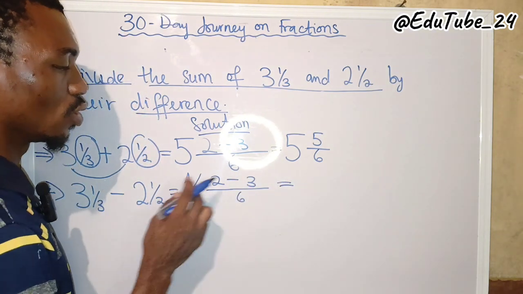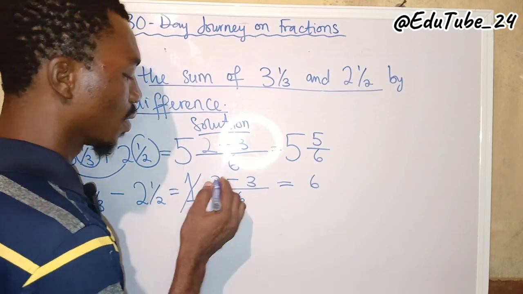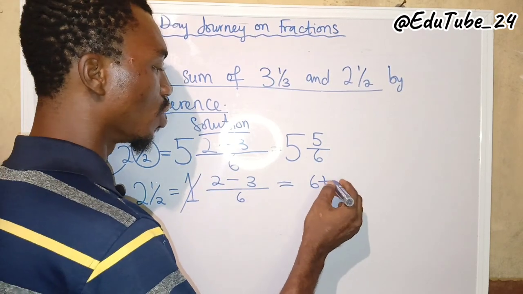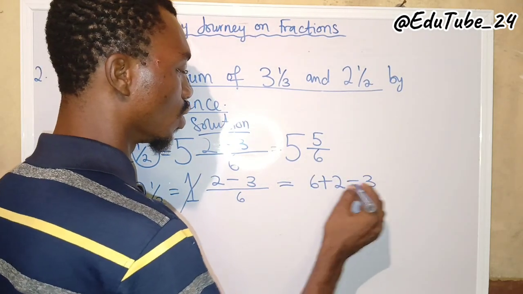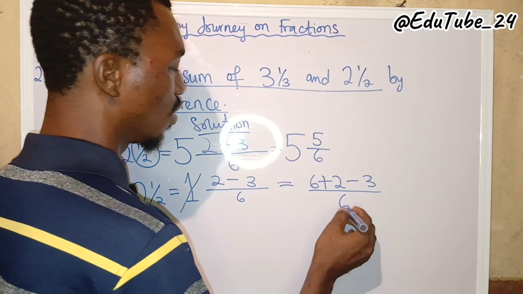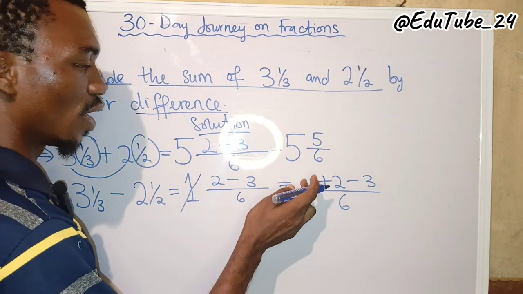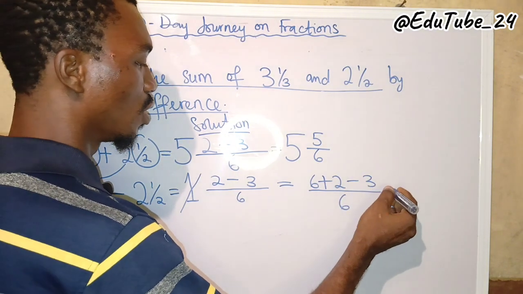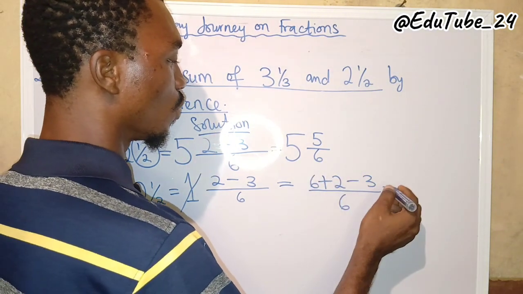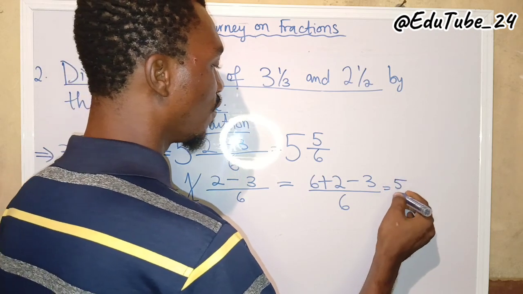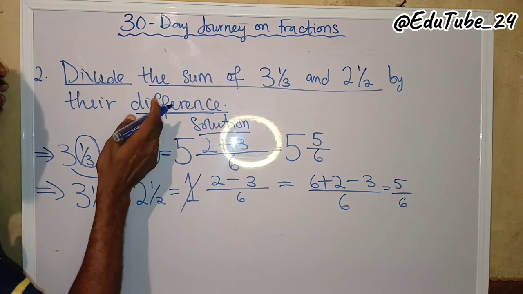We borrowed 1, the 1 will be converted into this denominator, which is 6, and then it will be added to this 2 to make the 2 bigger, and then capable of subtracting the 3, all over 6. Now you can see that the 1 is gone because I've borrowed it. So now we have 6 plus 2 take away 3. 6 plus 2 will give us 8, 8 take away 3 gives us 5 over 6. So now we've executed this last instruction, which says the difference.